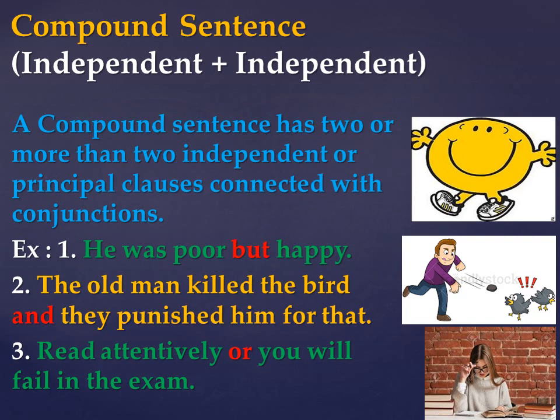After or, the clause is also a principal clause, as it is not dependent on any other clause. So we can see that both principal clauses are joined together by using or. That means in a compound sentence, all the clauses are principal clauses.